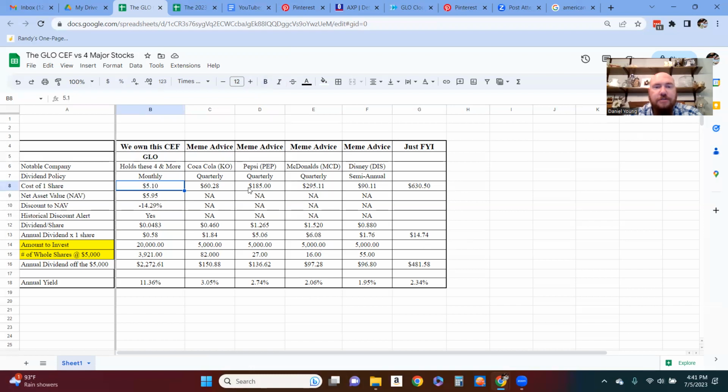And it's a heck of a lot cheaper than these four. And you actually get it for a discount, like you're buying it for less than what it's actually worth. You're getting an insane yield on that buy-in price, and you're able to buy a lot more of it. And you end up with this amazing dividend. Now, if your goal is to buy and hold, right, as it does this, you collect the dividend.